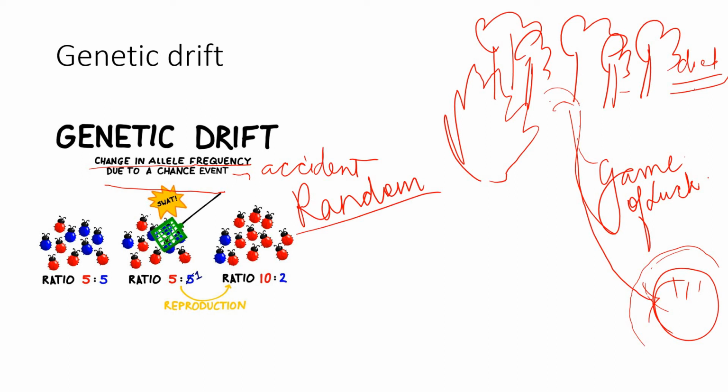Now everything is in a completely mixed state, so they will have a tendency to have intercourse with any of the other species. Okay, because they have to survive, they have to flourish their generation.